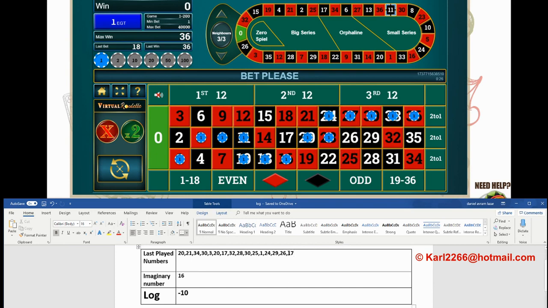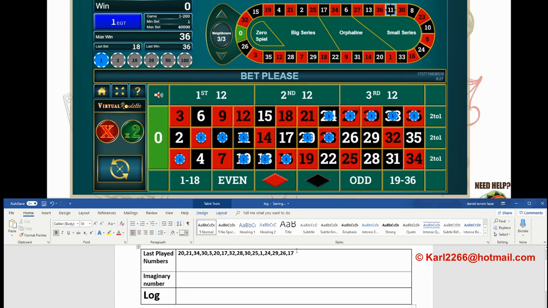Between 26 and 17 doesn't fit plus 2, doesn't fit plus 10, doesn't fit minus 10, but fits minus 2. So between 29 and 26 fits plus 2, between 26 and 17 fits minus 2. So we don't know exactly what we have to do with 17, so we wait more. We don't have imaginary number, we don't have logarithm now.